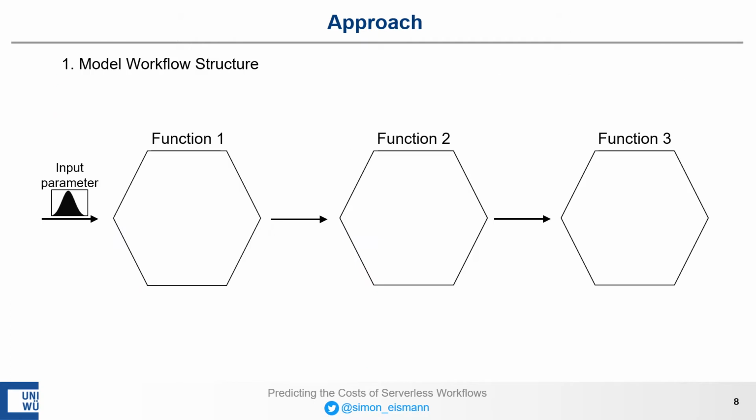To predict not only the response time distribution of an individual function, but the cost of a serverless workflow, we've adopted the following approach. First, we model the workflow structure, as shown here, for a very simplistic workflow that consists of 3 functions that are executed consecutively with a single input parameter and its distribution.